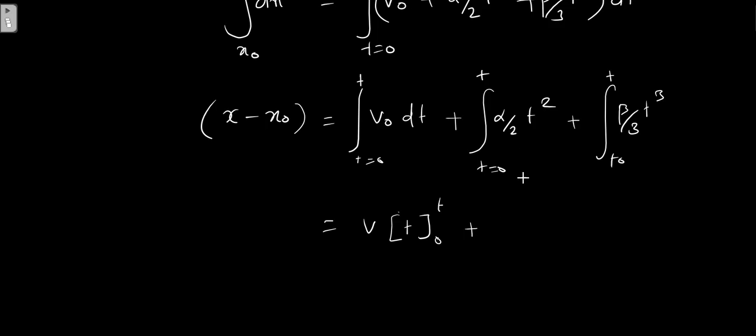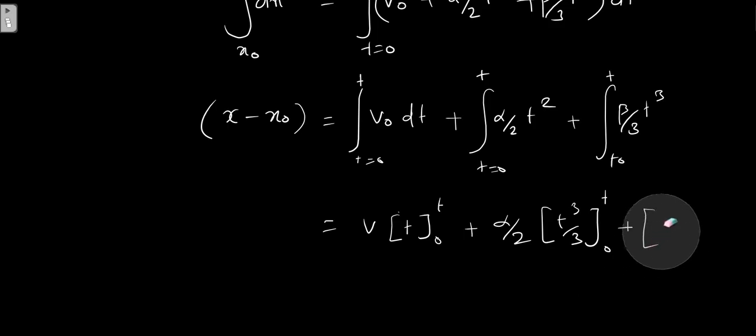Then alpha by 2 t cube by 3, upper limit minus lower limit, then beta by 3 t power 4 by 4, upper limit t, lower limit 0.